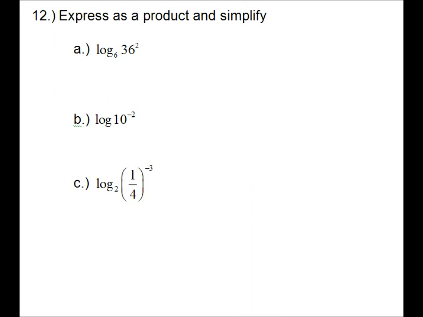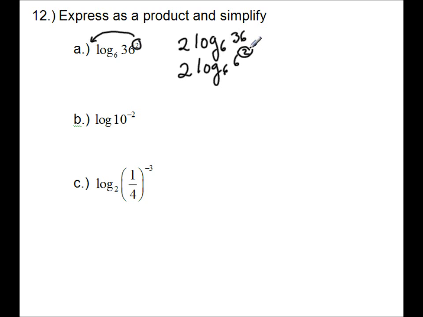What we want to do here is express this as a product, and this exponent right here can be put into the front. So what we end up getting is 2 times log base 6 of 36. Now realize 36, we can write that as 6 squared, and here we have another exponent.